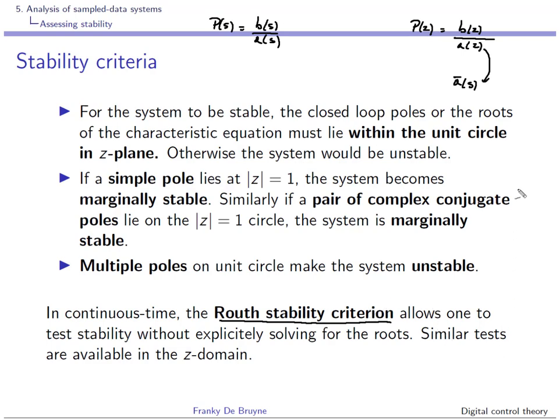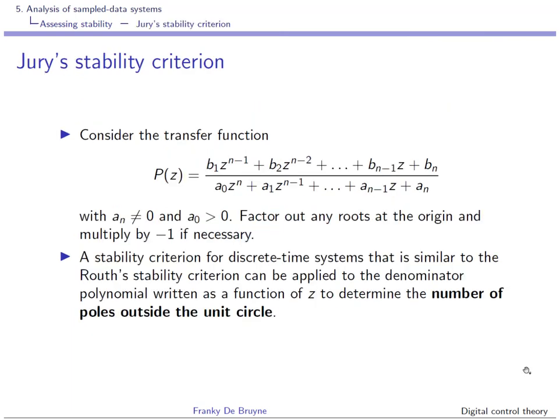What I will do is introduce a test on the denominator polynomial that will work directly on the coefficients of the denominator polynomial, and it's called the Jury test. To apply the Jury stability criterion, we assume that we're given a transfer function P of Z, and we are of course interested in the denominator polynomial.